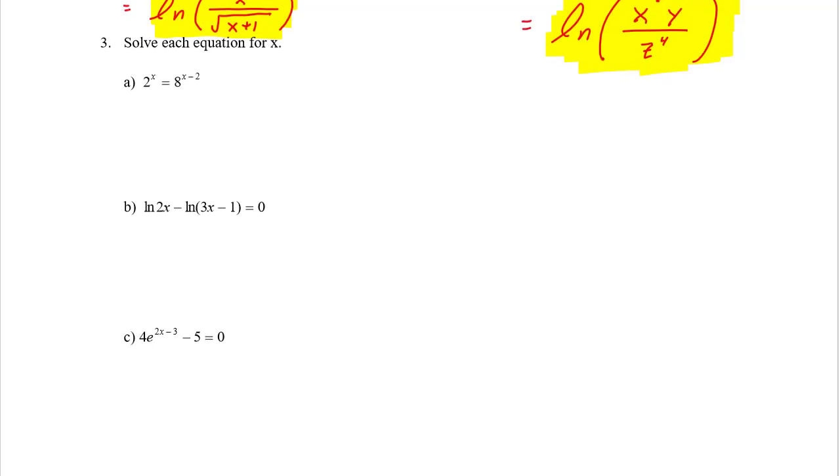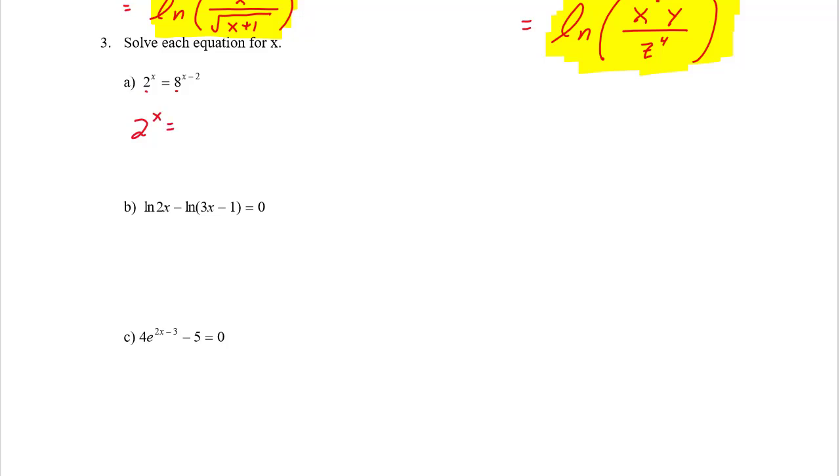Now on to number 3, which wants us to actually just solve equations for a variable. So looks like this first one, I have an exponential equaling another exponential, so try and rewrite this where they have the same base on both sides.